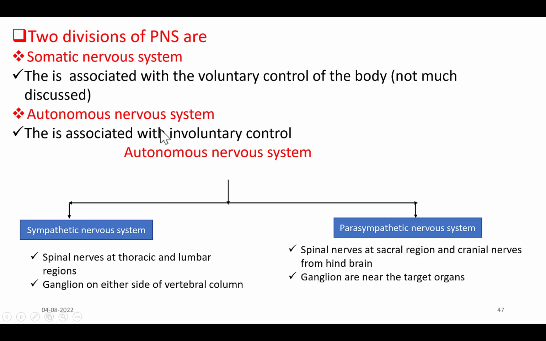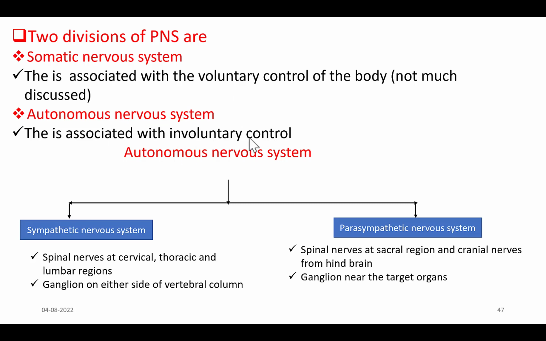For instance, if you have eaten an apple, digestion happens by itself. You can't tell your stomach not to digest it or to digest it after 2 days. You can't do it. You also cannot tell your heartbeat to stop beating for some time. So such activities are under the control of the autonomous nervous system.